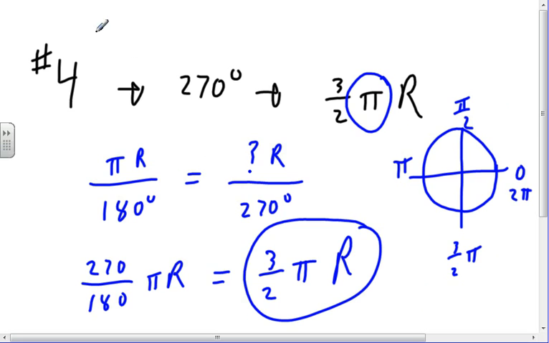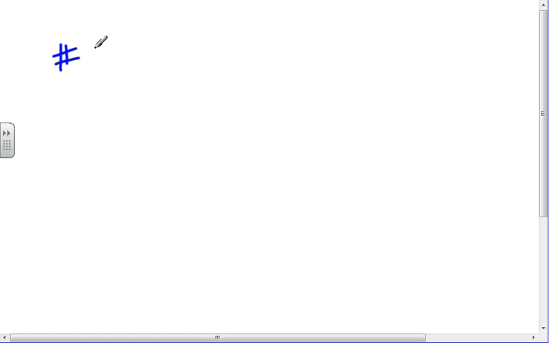Okay, number 8. I have 2,490 degrees, and I want to change that to radians. Well, isn't that just hunky? Yes. Just totally wonderful. Well, I think I'm going to take 2,490, and I'm going to divide that by 360.